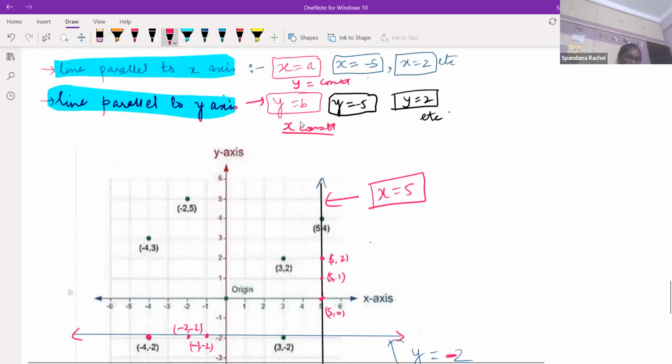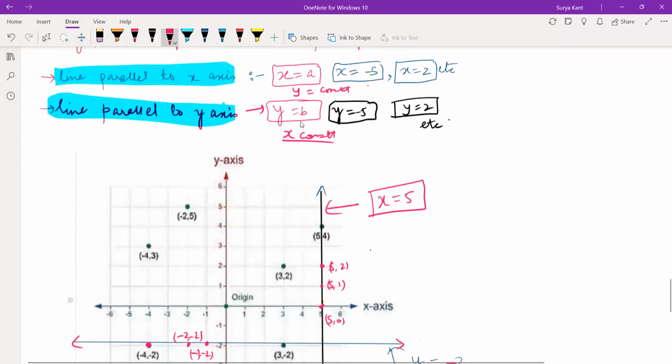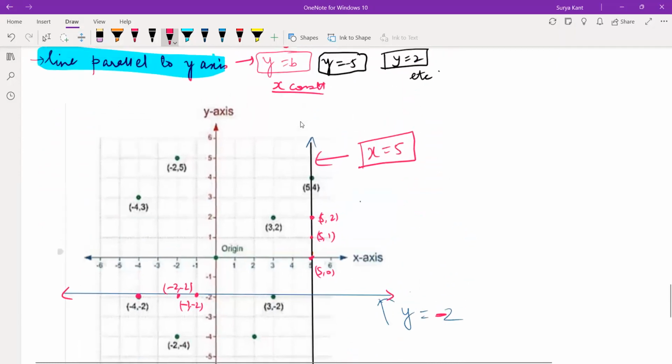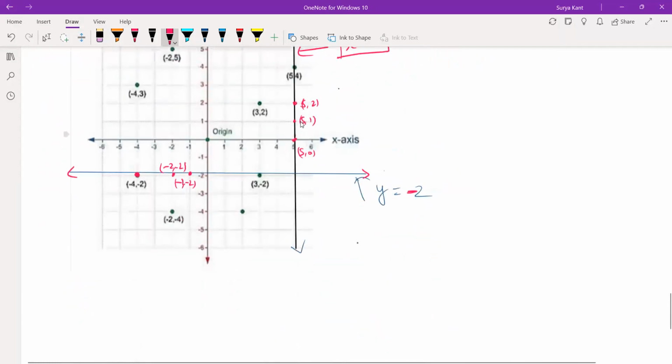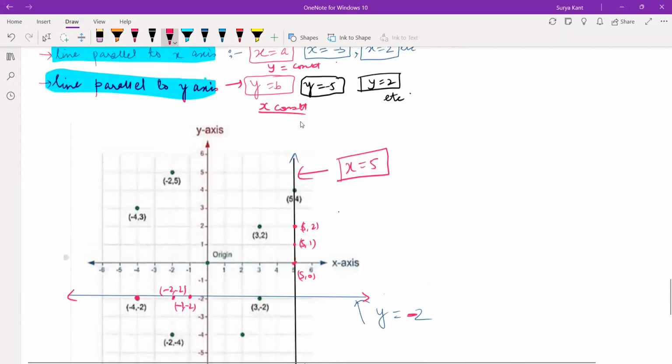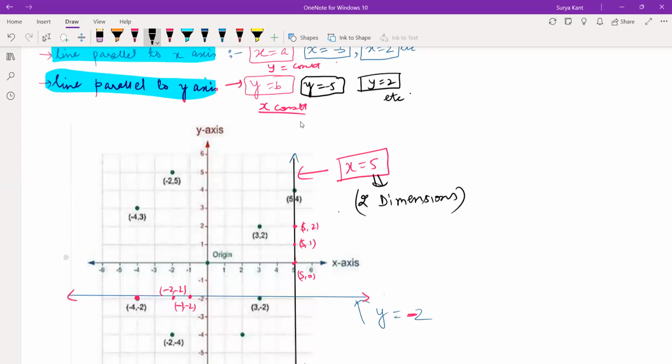It's very, very important. Children will not understand that easily. Okay. But in class 9th, one small difference: this we have discussed in 2-dimensional. 2-dimensional means when we are considering x as well as y coordinate. x is equal to 5 is a line in which we have considered x as well as y, right?